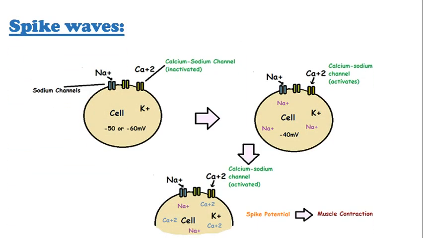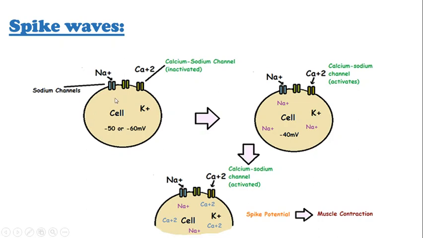spike waves. So what happens is that normally the resting membrane potential of an intestinal cell is -60 or -50 millivolts. This resting membrane potential is changed due to slow waves, due to the influx of sodium ions.